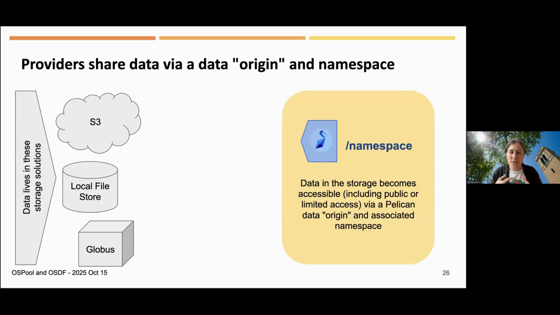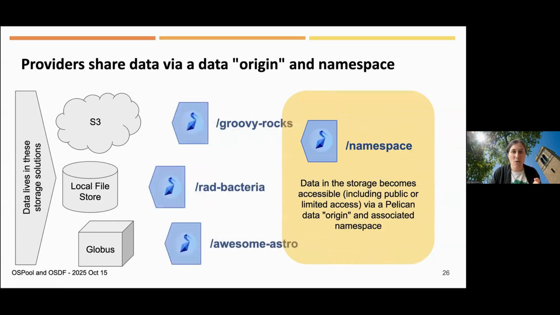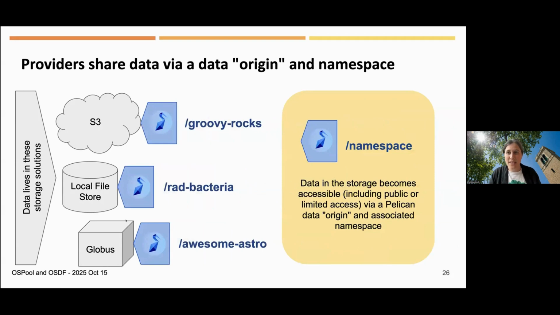And so what we're going to do is add this Pelican functionality, a service called the Origin, which has a namespace, which is like a label for the data space, attached. And this is something that can just plug in to existing data stores. So in each of these different options, we can set up a Pelican Origin service with an associated namespace.